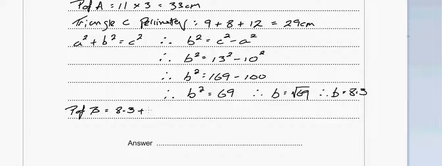So this would be plus 10 plus 13. Okay, so that will equal, so that's 23, so that will be 31.3. So that's the perimeter of one triangle. This is the perimeter of the second triangle, and this is the perimeter of the third triangle.